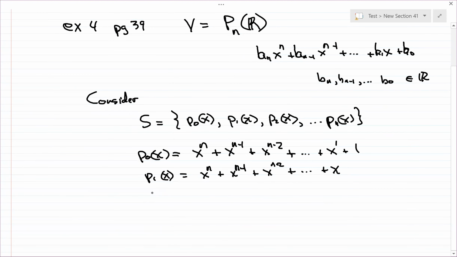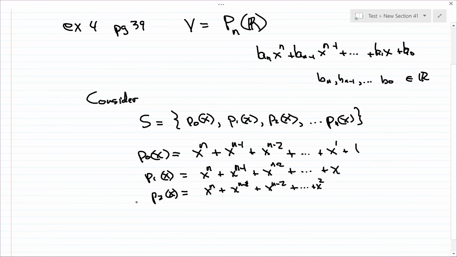And it goes on from there. So P2 of x, but all the coefficients are still 1. It just has one less term. So P2 would look like this. But the last term would be what? X squared, and so on.